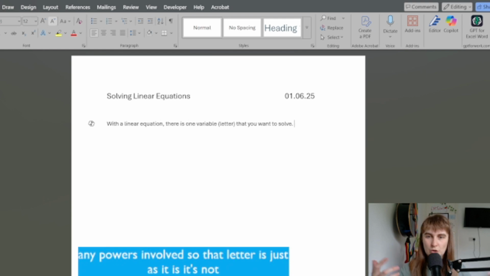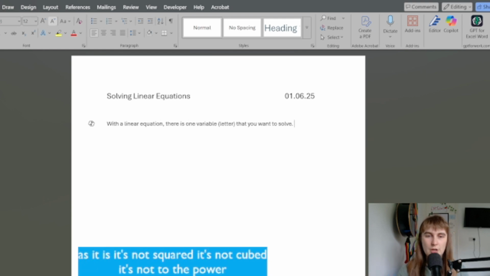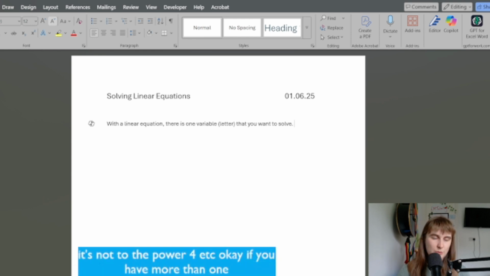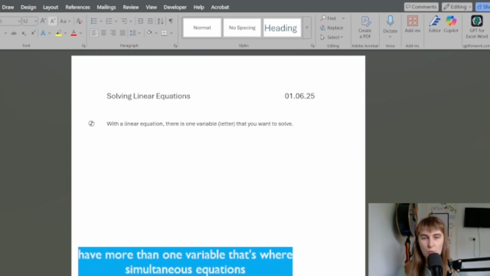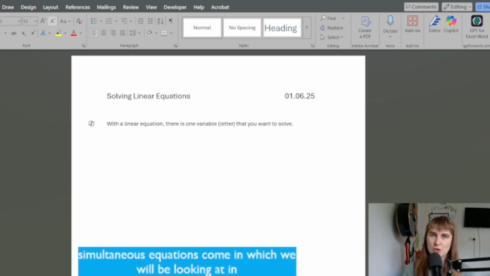It's not squared, it's not cubed, it's not to the power of 4, etc. If you have more than one variable, that's where simultaneous equations come in, which we will be looking at in some future lessons coming up.